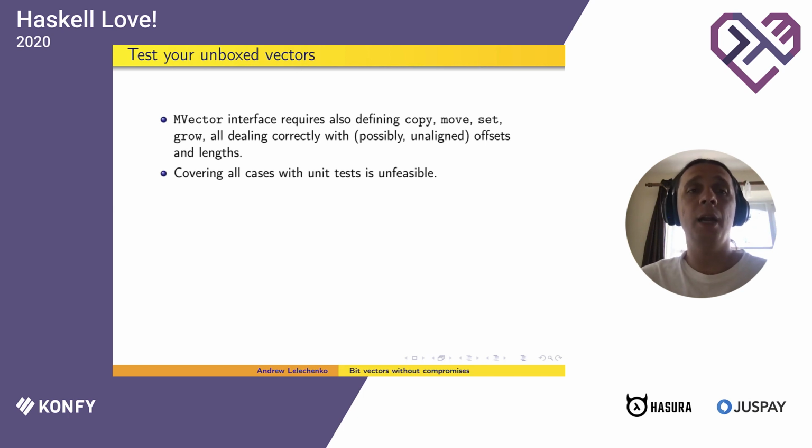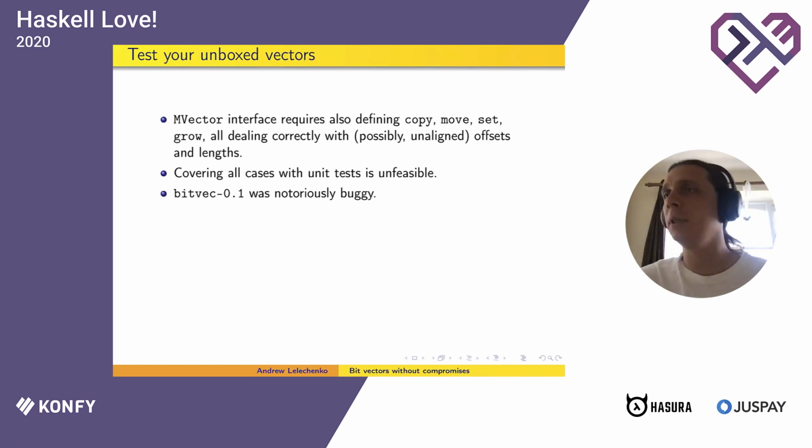And actually, the bitvec package was developed about 5 years ago, and its first version was quite buggy in edge cases for copy and grow, for example. The reason is that it's quite difficult to debug all these cases, especially in a mutable environment.